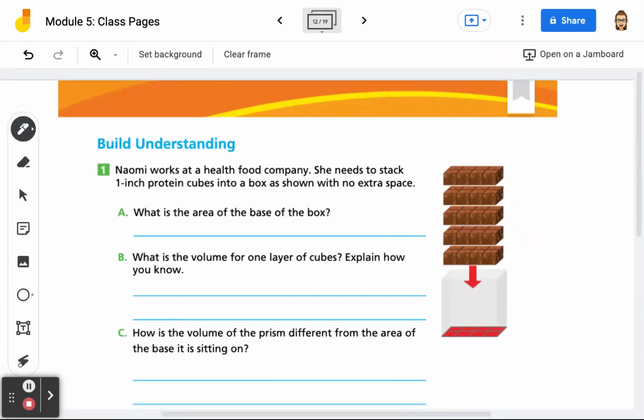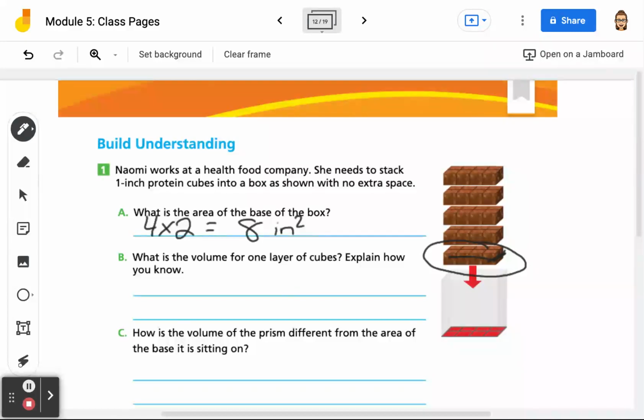She needs to stack 1-inch protein cubes in a box, as shown, with no extra space. What is the area of the base of the box? The base would be this right here. We have 1, 2, 3, 4, and we have 2. So it's 4 by 2, so we're going to do 4 times 2, which equals 8 square inches, or inches squared.